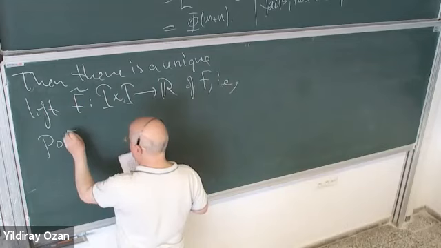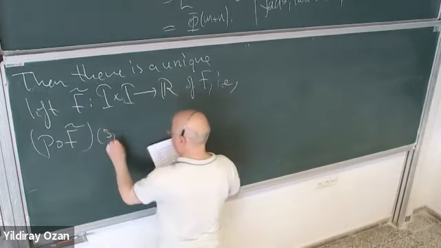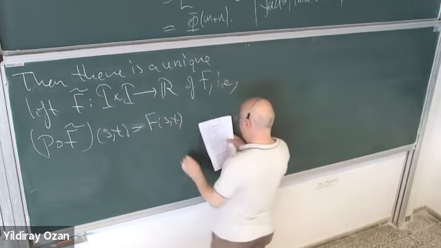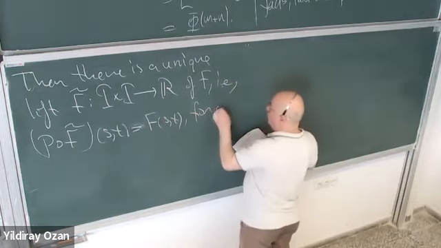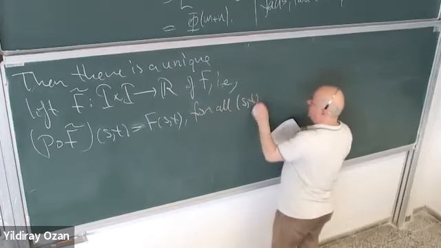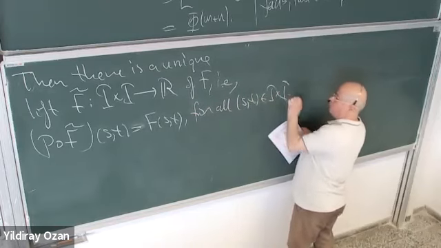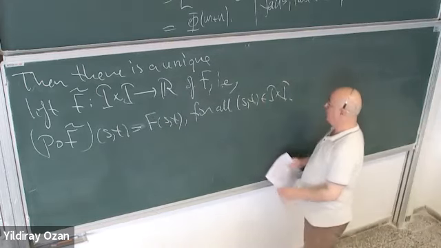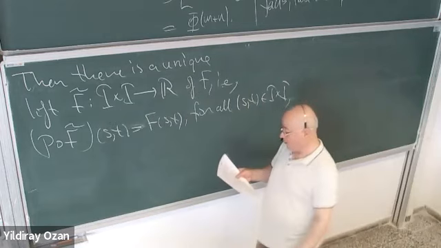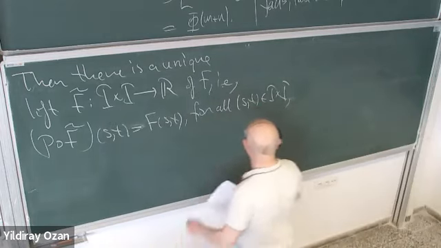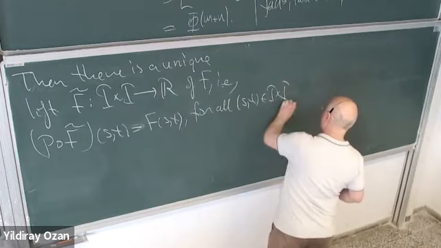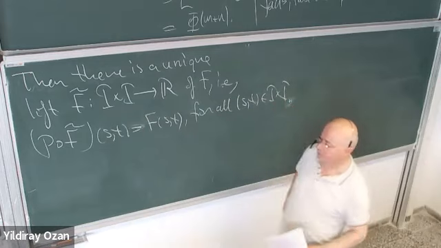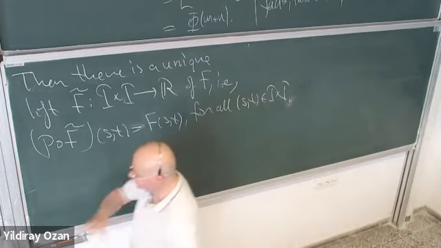In other words, I have this. If you compose this homotopy, you get the homotopy down for all s, t in I cross I. So what I mean by a lift of a homotopy is this. First, note that these two statements are almost identical.